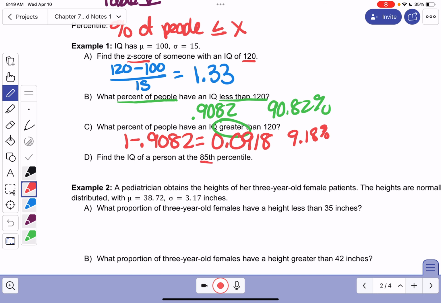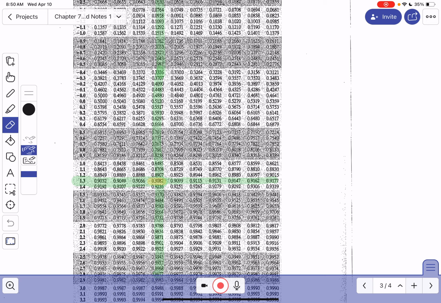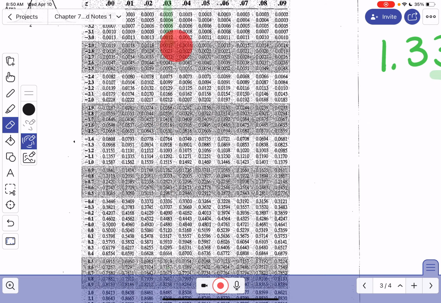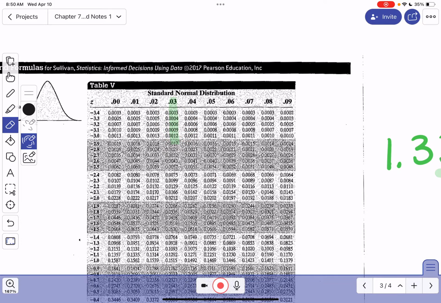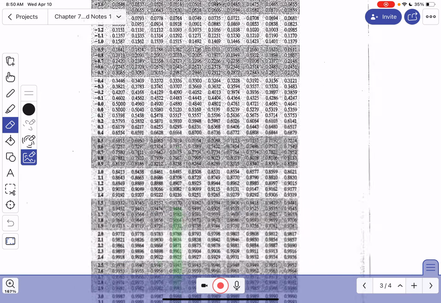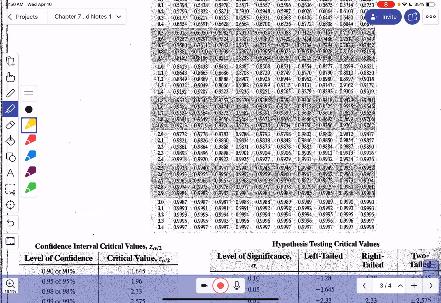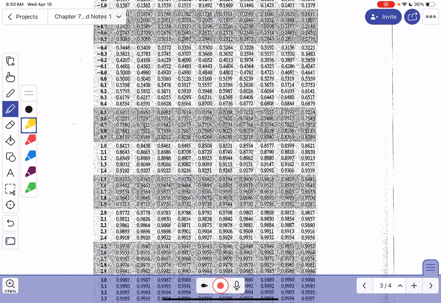Now it says the 85th percentile. So that means in this table, we need to find as close to 85% as we can. So we're going to look in all these percents, and we're going to try to find 0.85. So right around here is where our 0.85 is.